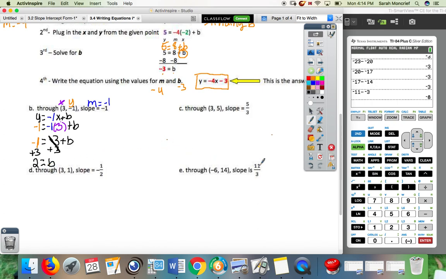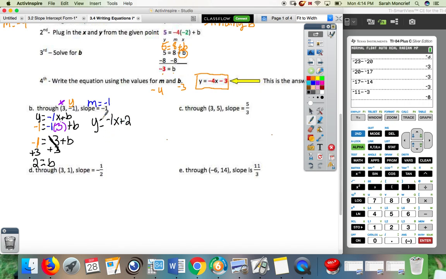So now that we have my m and my b, my m being negative 1 and my b being 2, we can just plug those in. So you should have y is equal to negative 1x plus 2. Now I'm sure your other teachers have told you we're past writing this negative 1.